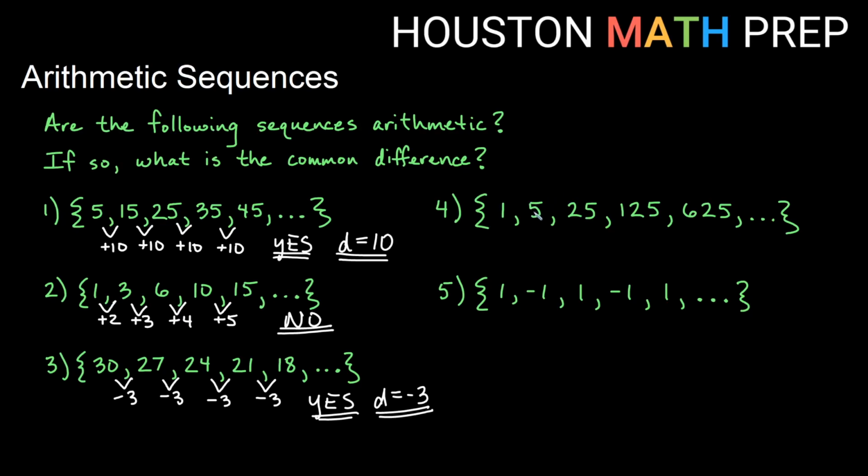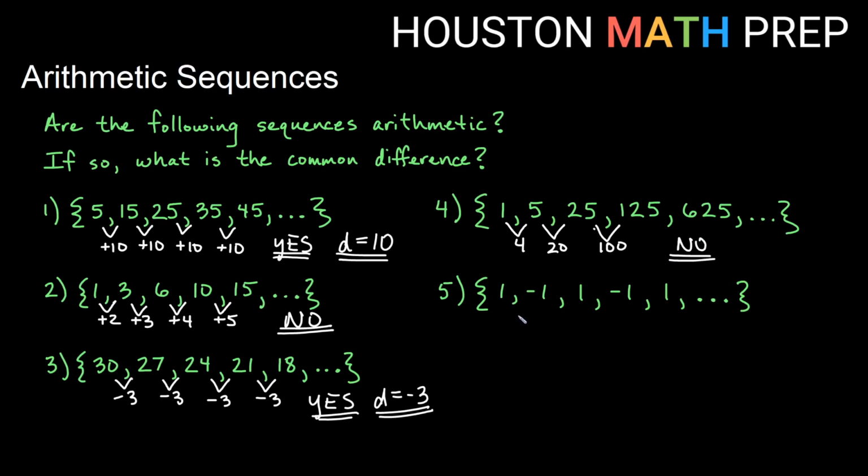And the answer is no. If I take 5 minus 1, then that just gives me 4. If I take 25 minus 5, that gives me 20. I don't get the same thing when I subtract. Difference meaning subtract, right? Here I get 100. So definitely not the same thing when I subtract a term with the term before it. So that is not arithmetic.